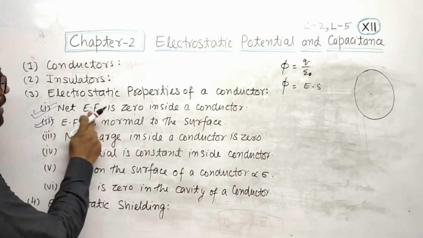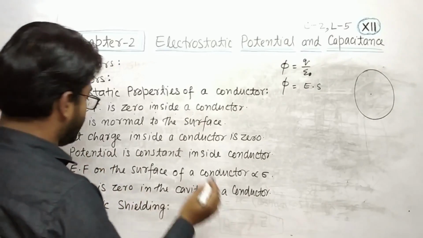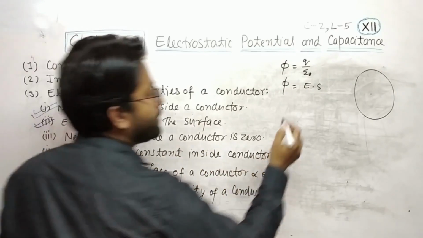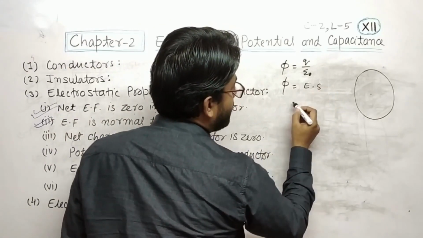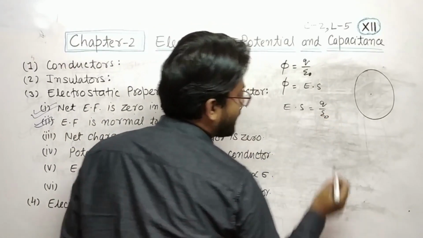Net electric field is 0 inside a conductor. We all know that net charge inside a conductor is 0. Because electric field is 0, E dot S equals Q by epsilon naught.